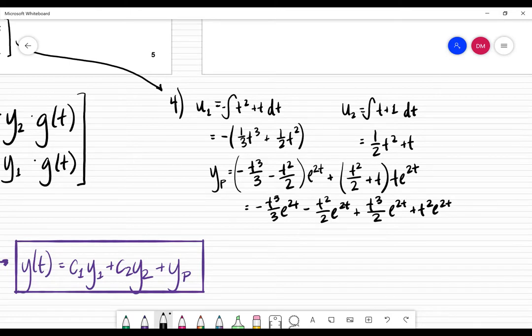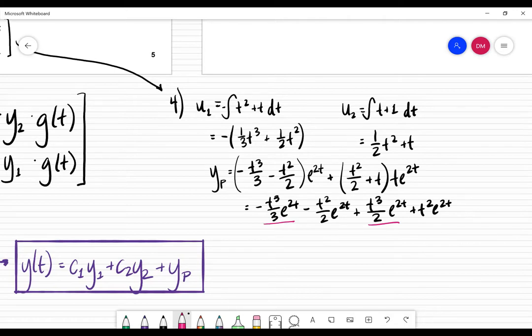All right. So I have a, gosh, this is great. I have a negative t cubed over 3 here, e to the 2t, a positive t cubed over 2, e to the 2t. So let's see, that would be a negative 2/6 plus 3/6 there.